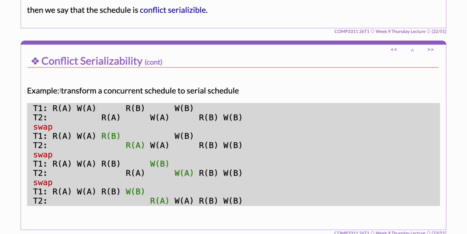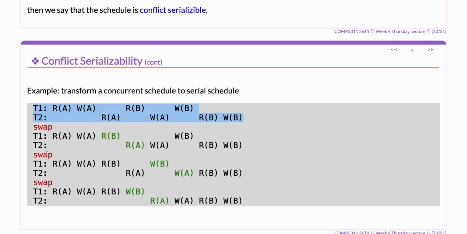So here, this is the process of transforming a concurrent schedule to a serial schedule by only flipping the non-conflicting operations. So if after a series of swapping of non-conflicting operations, we get a serial schedule like that, then we can say that the original schedule is conflict serializable.